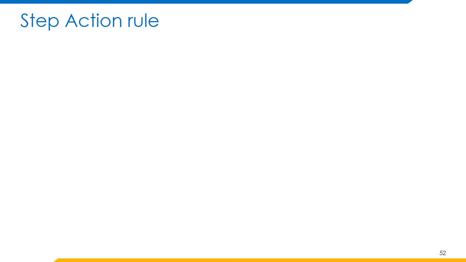Step action rule. Steps in a workflow represent various flow points in the workflow. As part of each step, an action shall be performed. This is the rule that can be used to define what exactly is the action that shall be performed as part of the step. It's a piece of code that shall be running as part of the step.